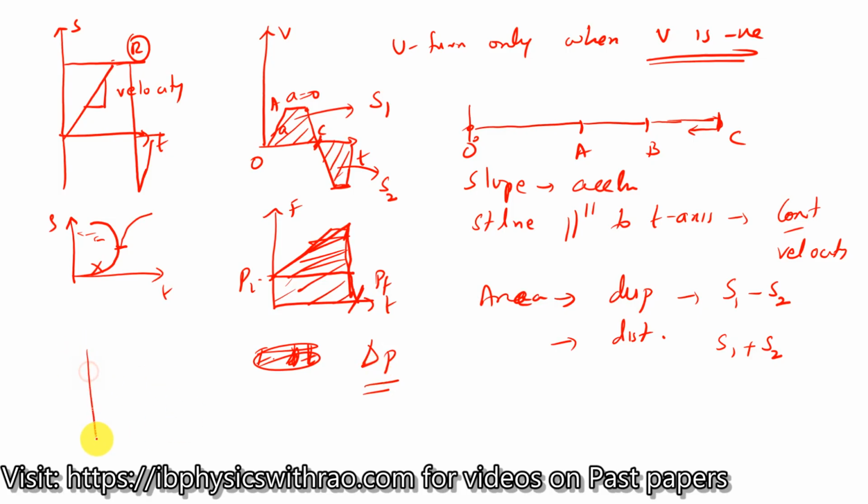If you have an AT graph instead of an FT graph, what do you get? What is an AT graph?